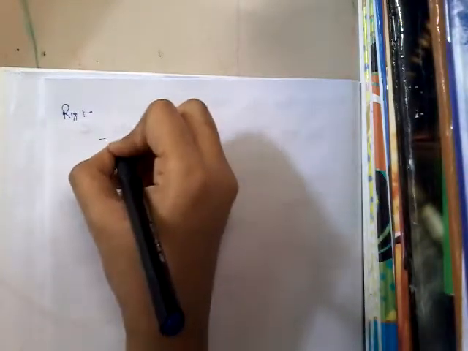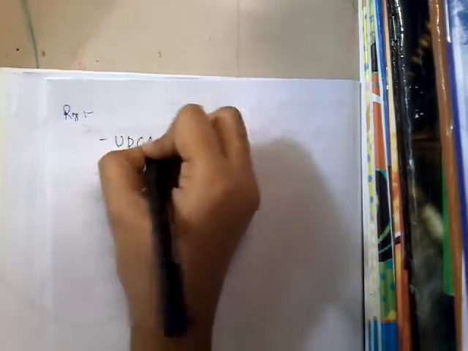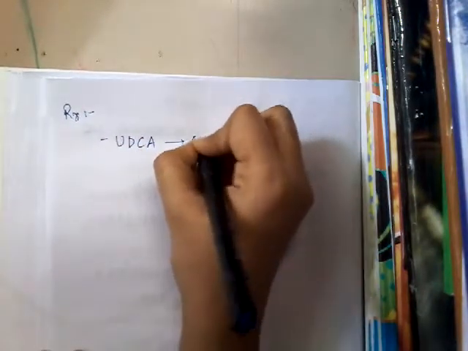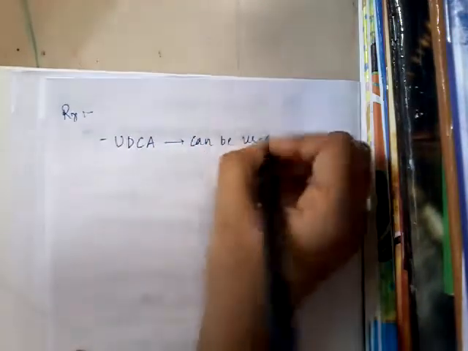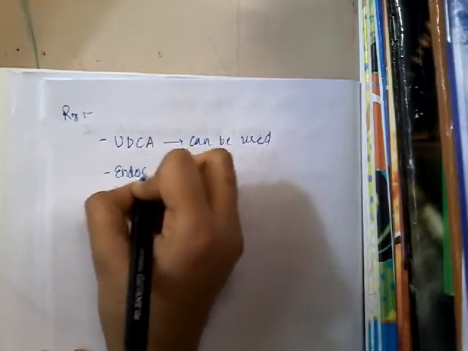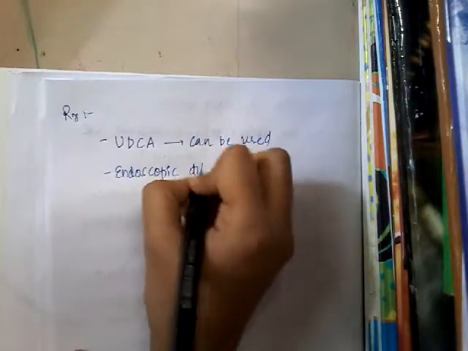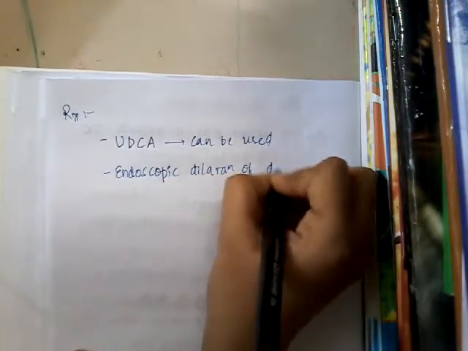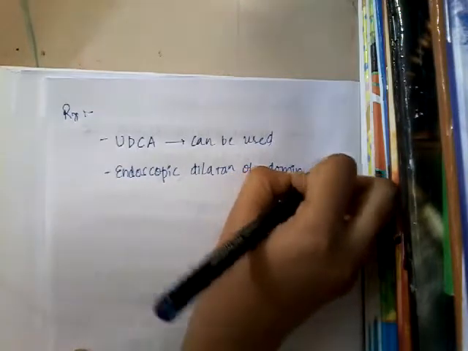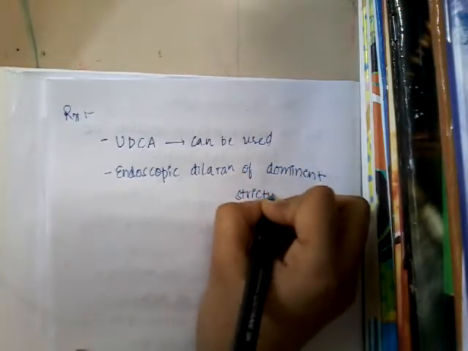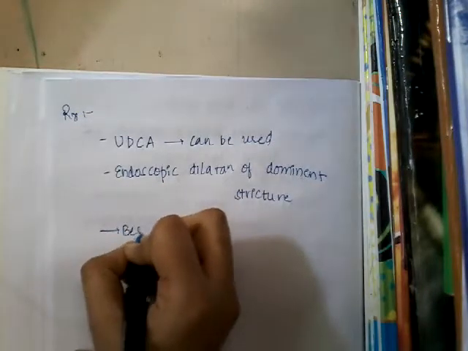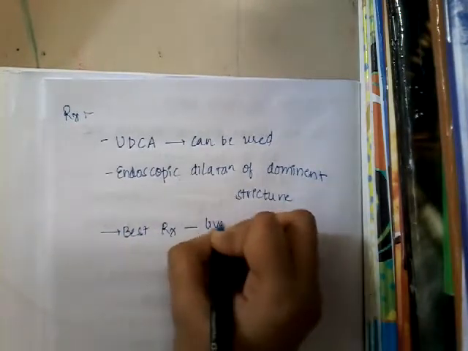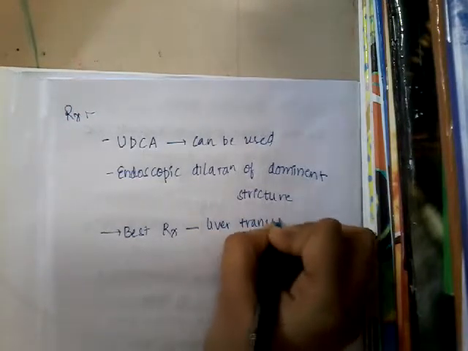Okay, now what is the treatment of this primary sclerosing cholangitis? The major treatment is UDCA, ursodeoxycholic acid, which can be used, and you can also do endoscopic dilatation of dominant strictures. The best treatment which is available is liver transplantation.